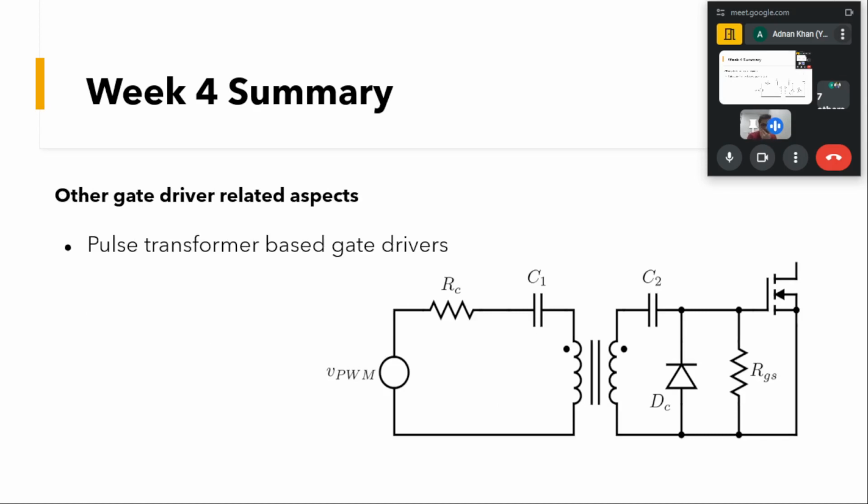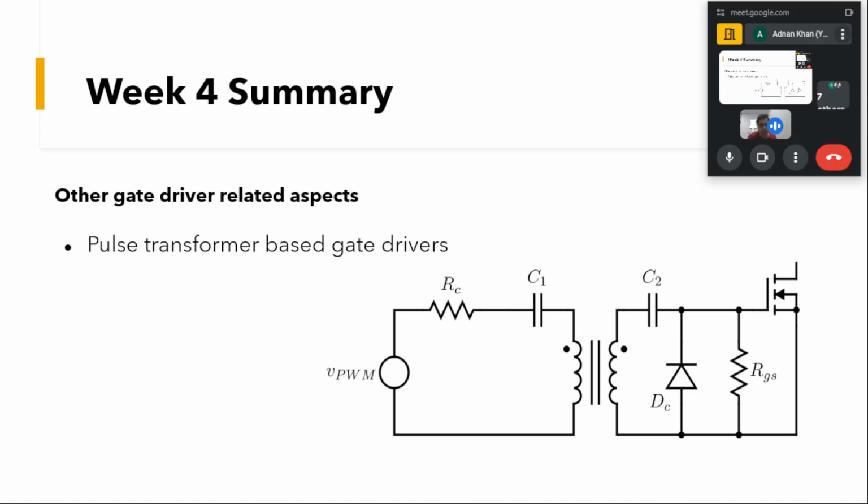This was the other thing that has been discussed. Now there were some other aspects discussed about the gate drivers. One such is pulse transformer based gate drivers. Up to this point, we had seen optocoupler based gate drivers, where we had a light emitting diode on the primary side.